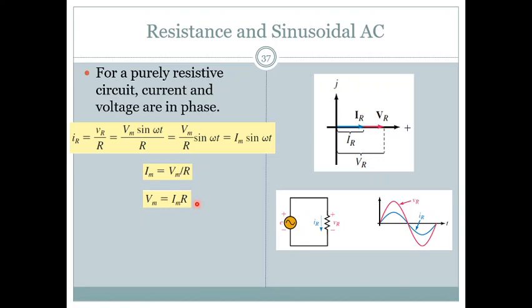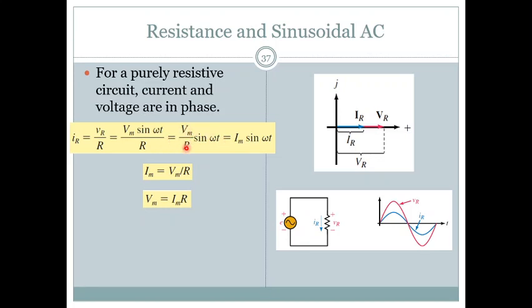Let's assume we are going to take voltage as the reference. If I is equal to V over R, and we take V equal to Vm sin omega t, this is the sinusoidal representation, we get IR as Vm over R sin omega t.